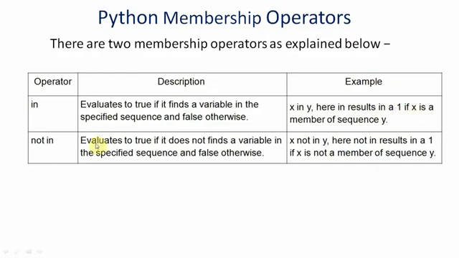Not in evaluates to true if it does not find a variable in the specified sequence and false otherwise. If x not in y, the result is 1 if x is not a member of sequence y.